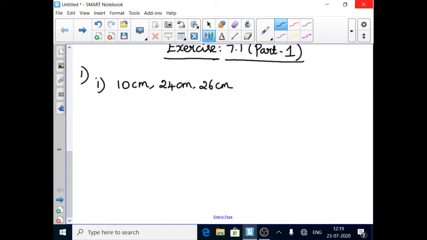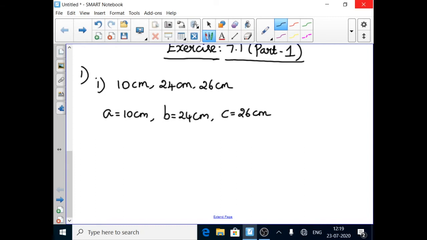For using Heron's formula, you should call these sides a, b, c. So a is equal to 10 centimeter, b is equal to 24 centimeter, then c is equal to 26 centimeter.